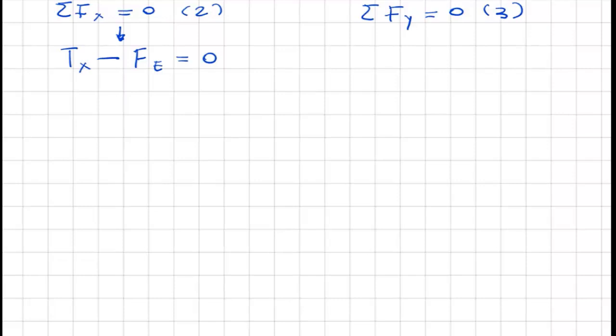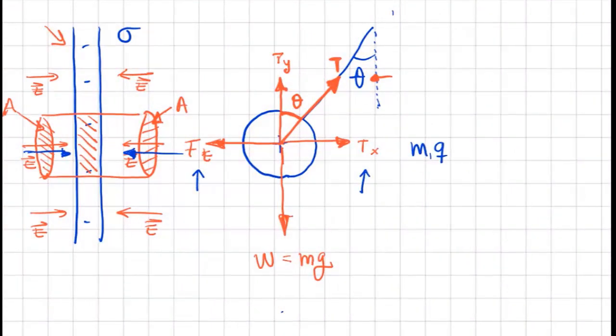We take this electric force and move it to the other side of the equation, and we change the sign, so the x component is equal to the electric force. If we go to the illustration, we see that the x component of the tension is opposite to the angle.